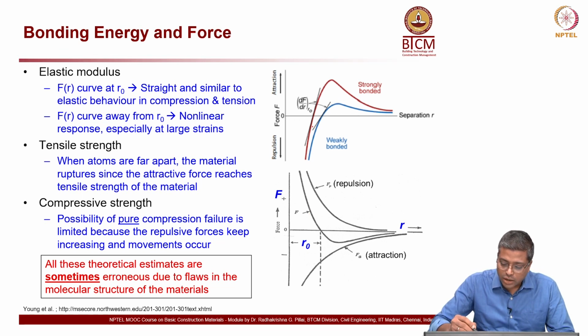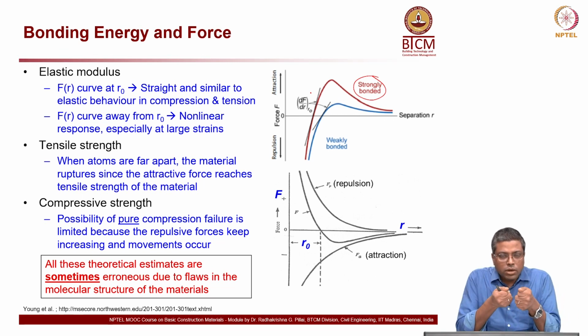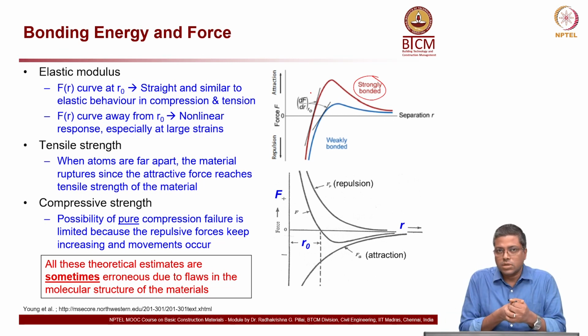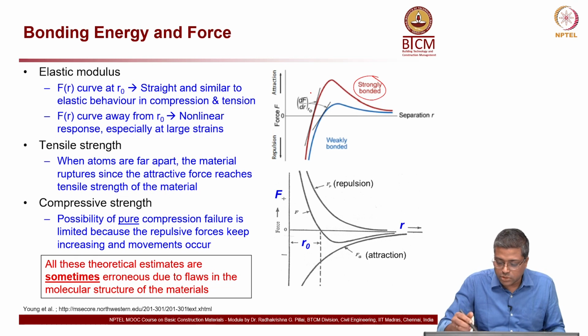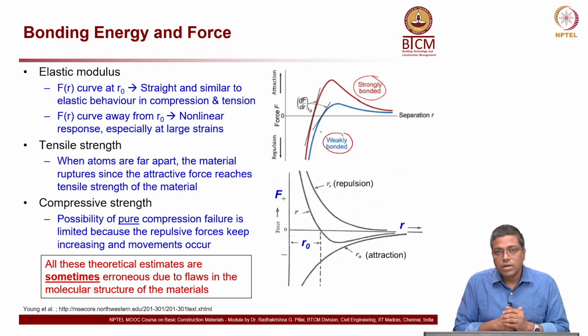The slope of the red curve, which is a strongly bonded material, is higher. That means when you try to pull, there will be a lot of force acting against the pulling force. The blue one is a weakly bonded material. That means when you try to pull, the force generated is not as high as in the case of the red one.